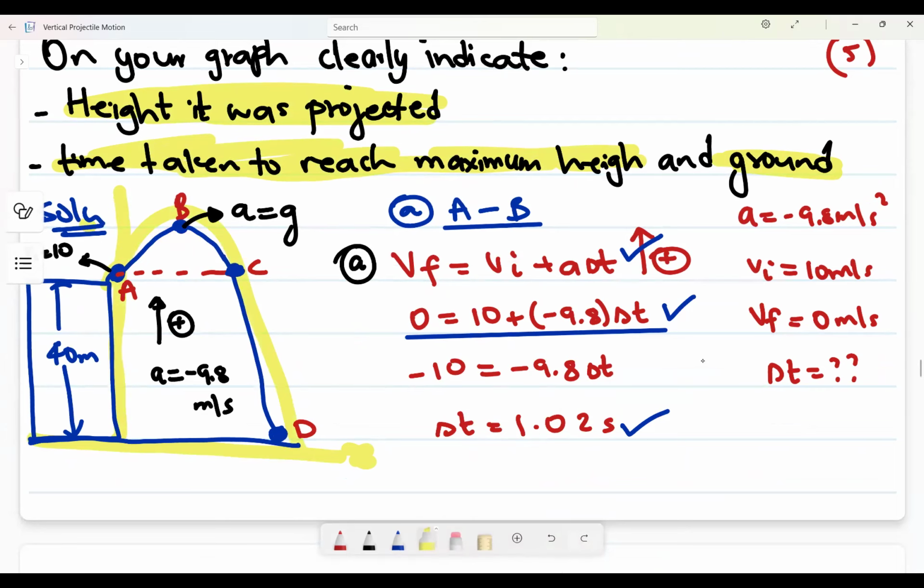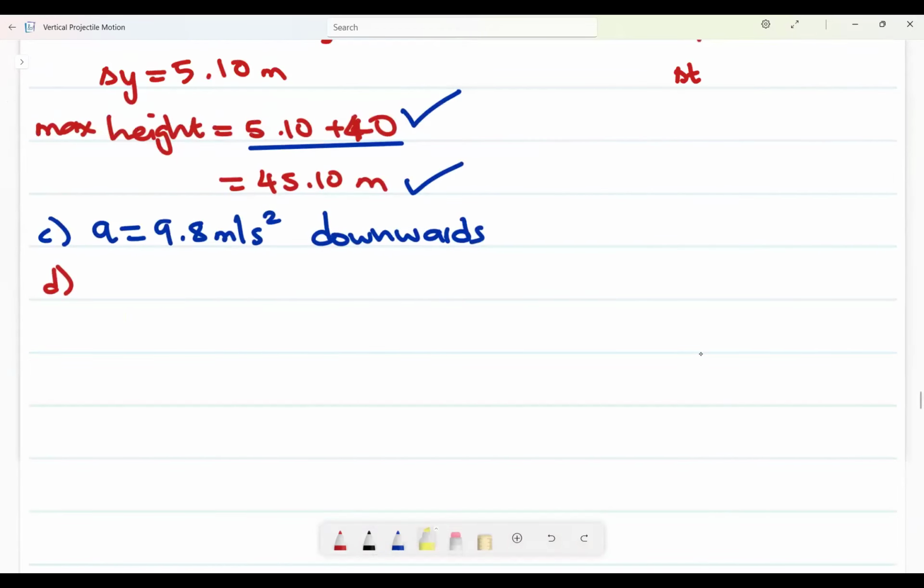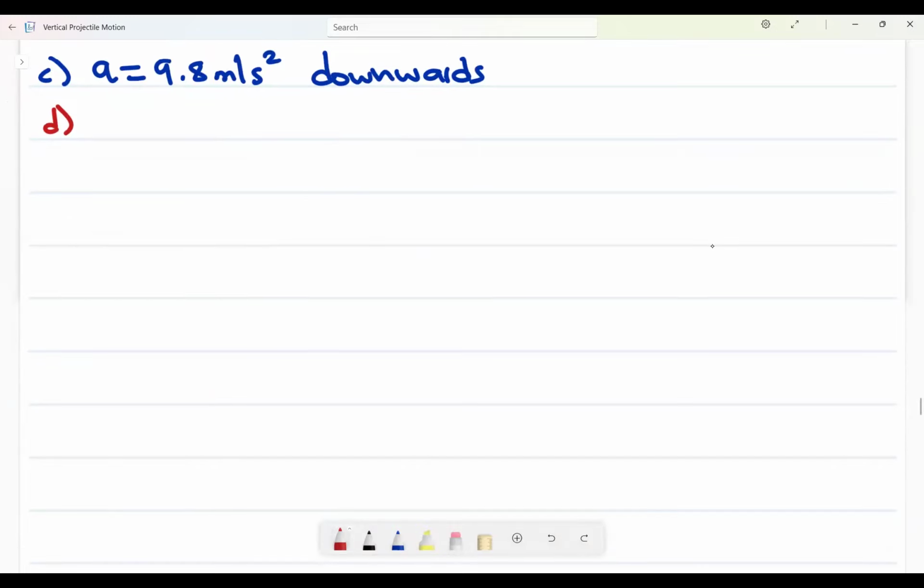So let's try to execute that. This is just straightforward, nothing difficult. We're going to start from here up to wherever.